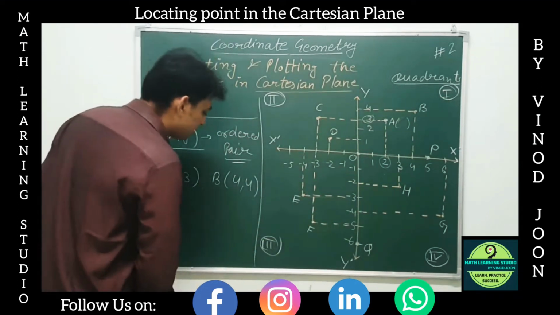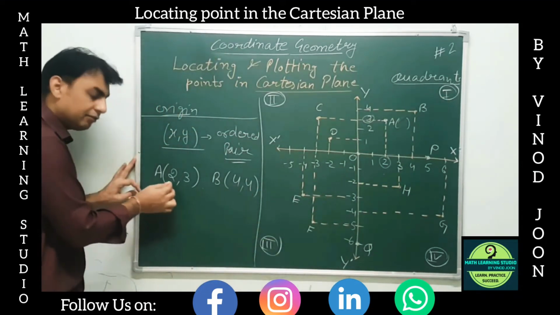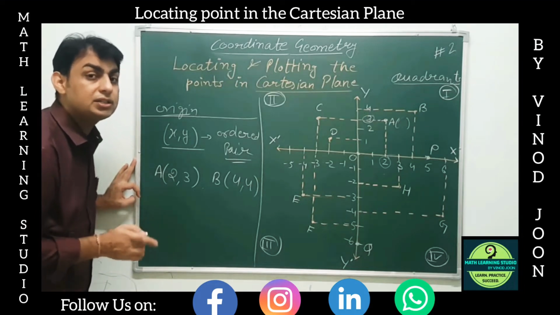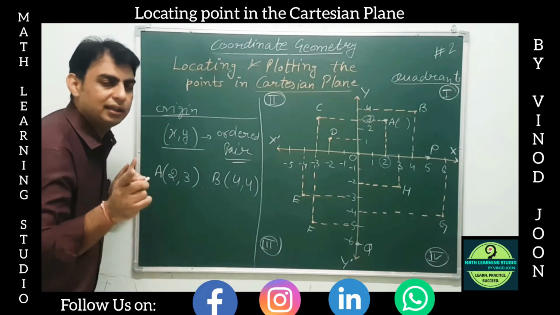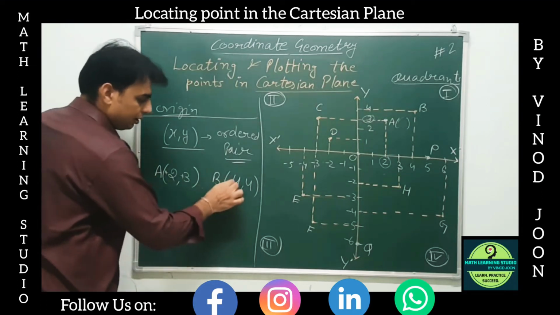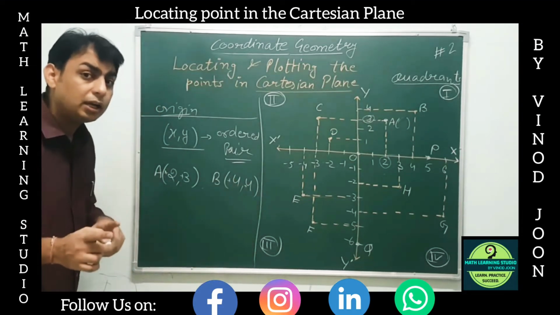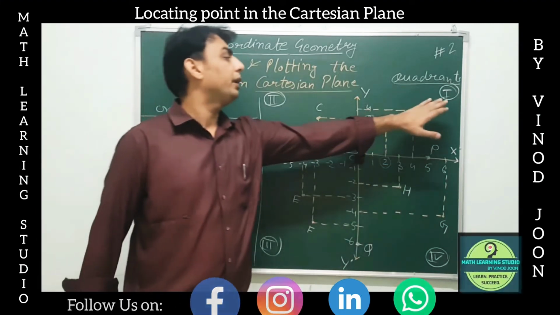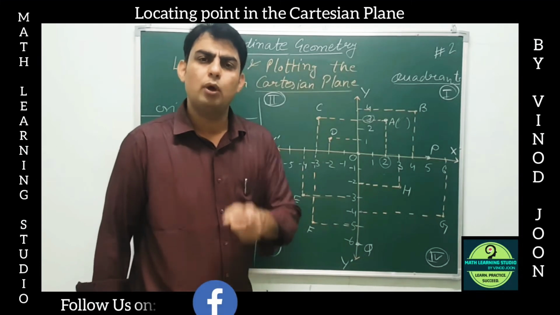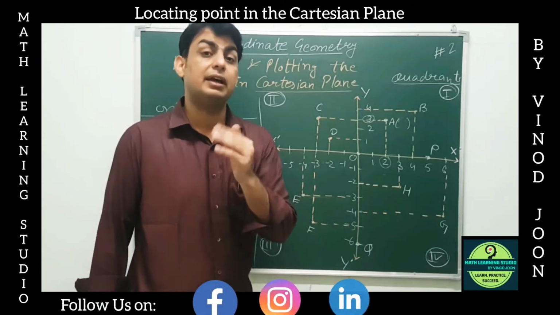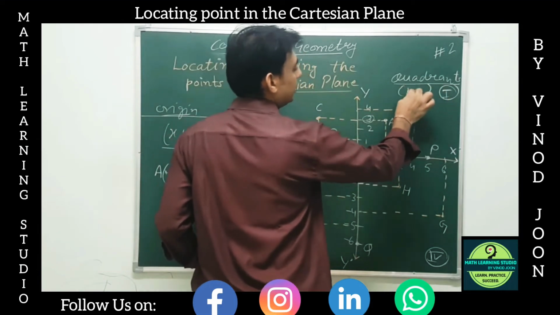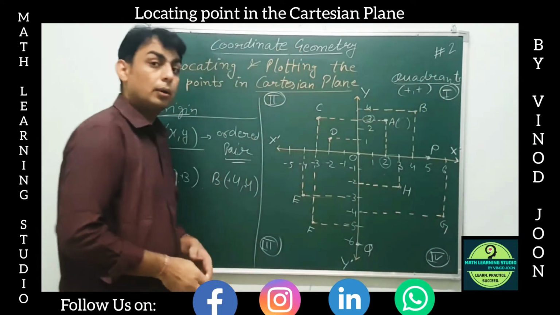We can also observe that the values of x and y in both of these points are positive: +2 and +3, +4 and +4. That means whenever any point lies in the first quadrant, both the values of x and y will always be positive. In other words, the nature will be plus, plus.